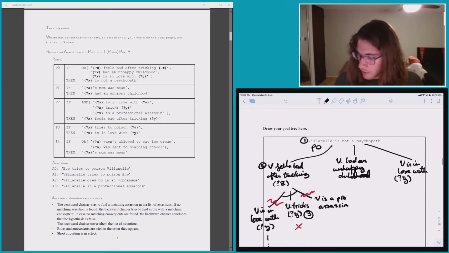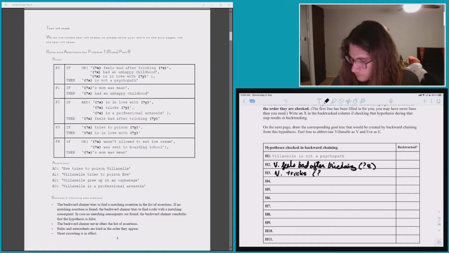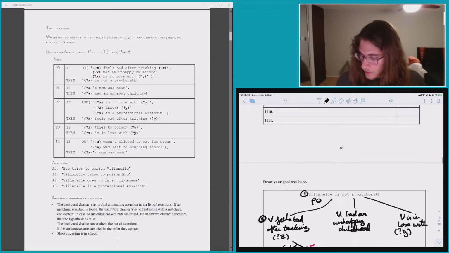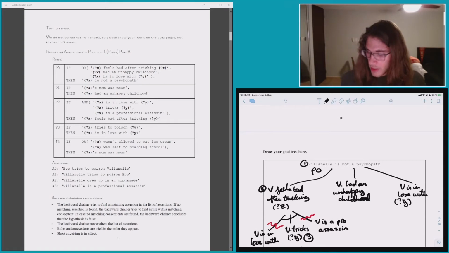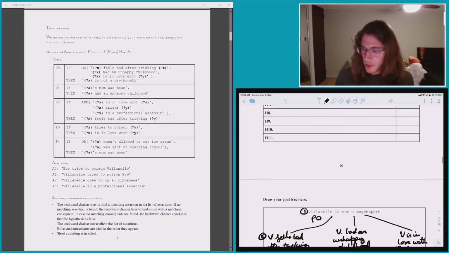Oh, I'm missing just number 3, V tricks Y. And because I'm backing out of P2, I forgot to write it here, I've seen that P2 doesn't yield true, and I'm backing out of it and going to the next child in P0, then this is backtracking.